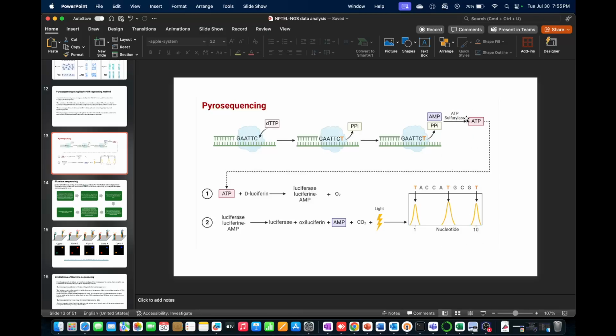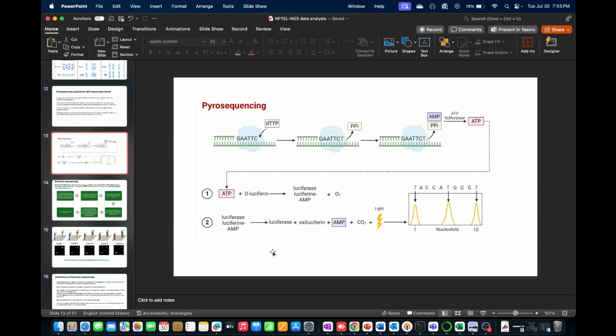what happens is that ATP sulfurylase helps in binding this PPi to the AMP to form the ATP, which basically binds to D-luciferin. So the presence of D-luciferin is important. The amount of D-luciferin present inside the cell is important because this is what will produce the light.